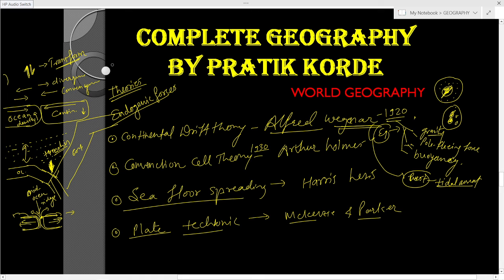So this is the mid-oceanic ridge, which you can find in literally every ocean, and you can find it prominently in the Atlantic Ocean. Then seafloor spreading explains the continental drift.